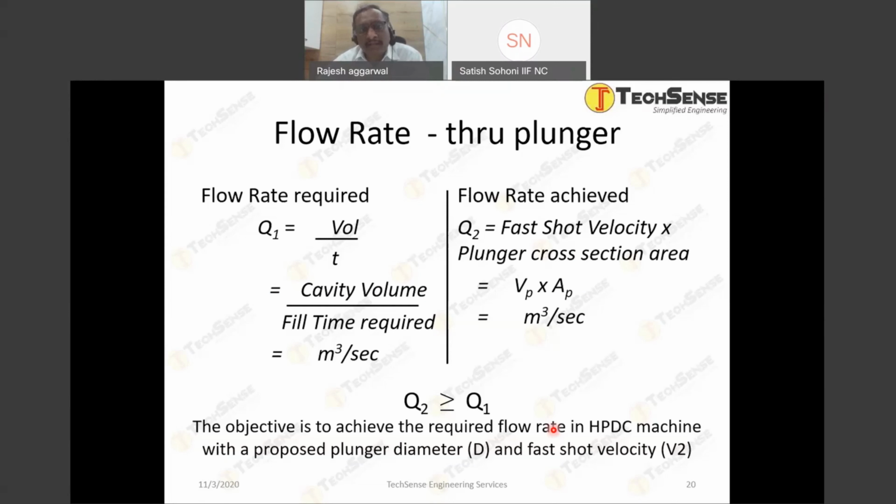Now, how do we achieve this flow rate? This flow rate can be achieved with the fast shot velocity of the plunger times the plunger cross-section area, that is VP into AP. We have to remember and make a note that for the flow rate, the units must be the same. When we equate these formulas, the units must be taken care of. The objective is to achieve the required flow rate in the machine with the proposed plunger diameter and the fast shot velocity.